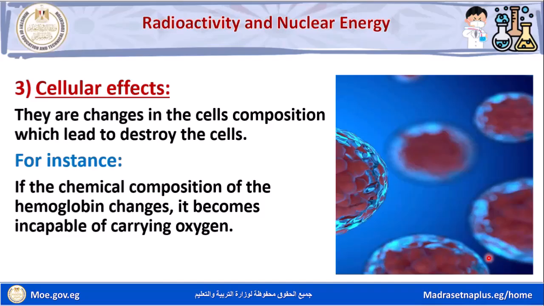According to number three, cellular effects, they are changes in the cells composition which lead to the destruction of the cells. For instance, if the chemical composition of the hemoglobin changes, it becomes incapable of carrying oxygen.